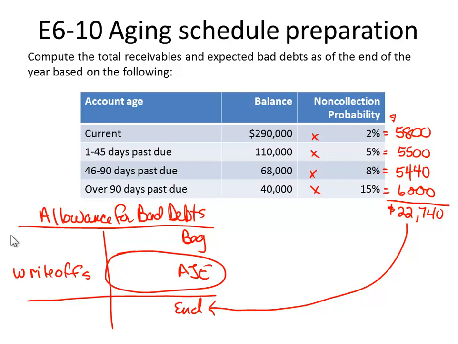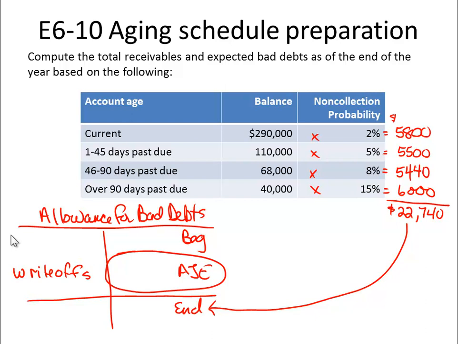After you have figured all those out, you total them up, and in this case, 22,740 is our best estimate based on an aging of the accounts receivable of what's not going to be collected. Now here's the difference. This aging gives you the ending balance in the allowance account.